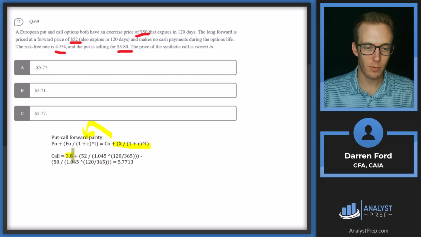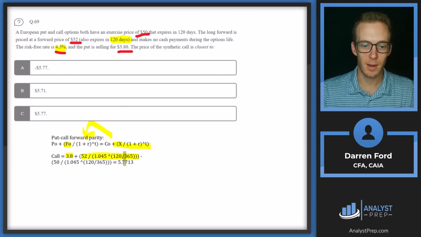So for the put, we've got 3.8. And then for the forward, this is this whole part right here. So we're going to have 52 plugged in for that price, and then we're going to discount that back at 1 plus the risk-free rate. We're discounting that back for 120 days, which is our expiration, so we'll do 120 divided by 365.